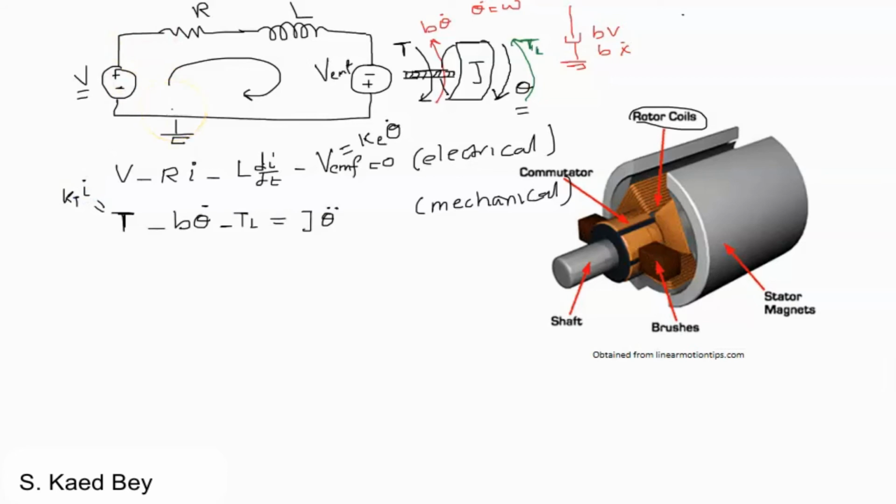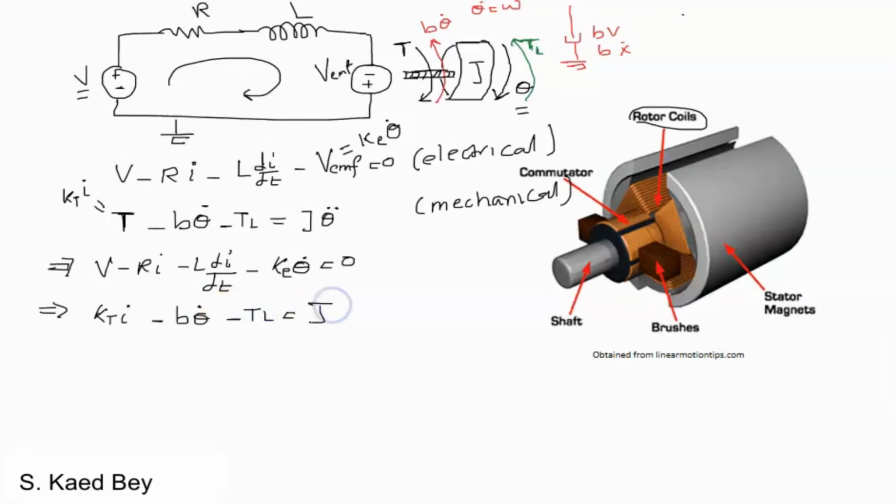So the two equations can be written as, also the mechanical part can be written as torque constant I minus B theta dot minus TL equals J theta double dot.